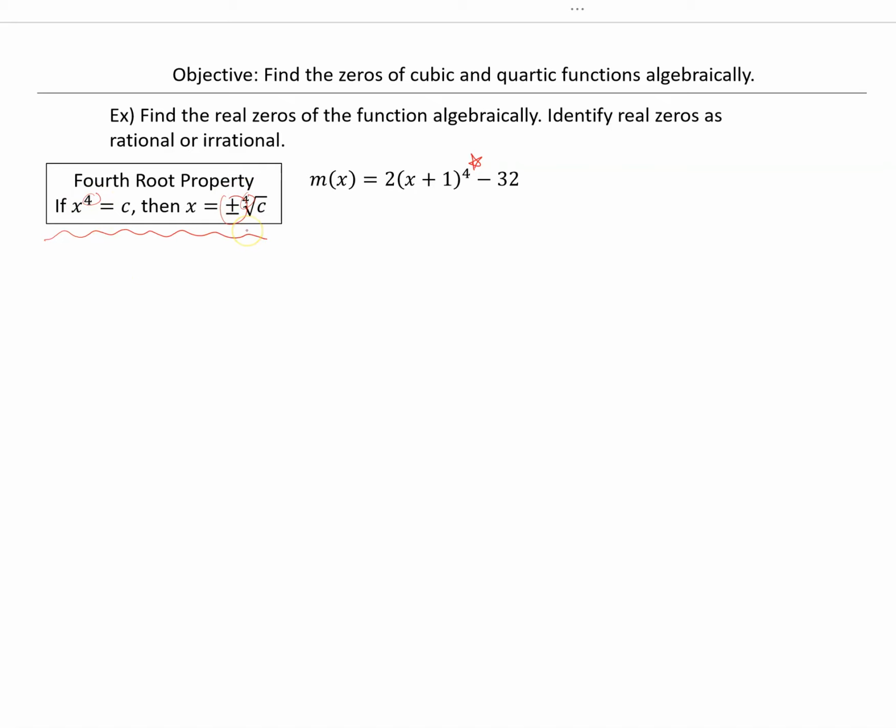It's only on even roots, in case you're wondering why we didn't do it with the cube root. Because when you raise a negative number to an even exponent, you always get a positive number, which is the same value as the positive value raised to that exponent. So if I take -2 to the 4th power, I get positive 16.